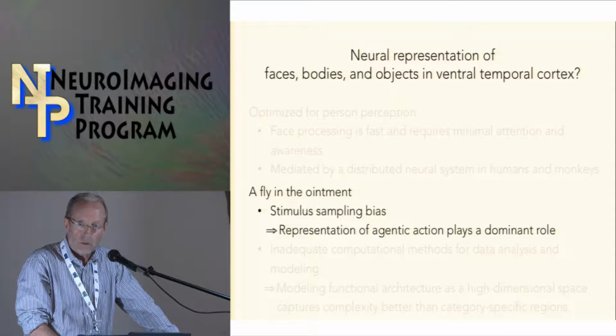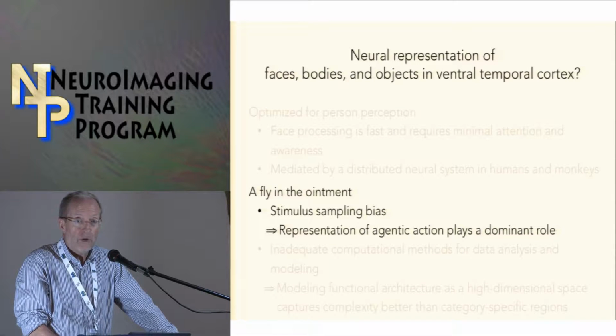You can't test the responses to everything. So people are looking at whether there is some special system for face and person perception, so they look at people's responses to images of faces and bodies and things like that. It's natural. You have to make choices as an investigator. You have to select some stimuli. You can't show everything.